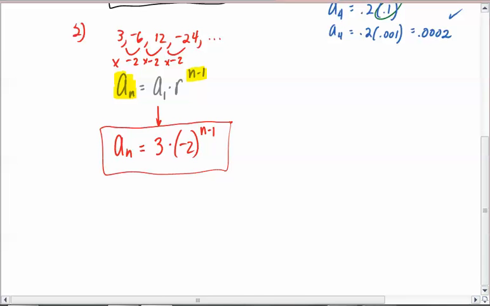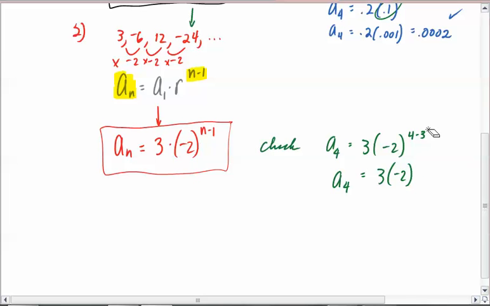Now I'm going to double check it. Let's go with the fourth term. Let's see if we get that. a sub 4 is 3 times -2 to the 4 minus 1, pardon me.